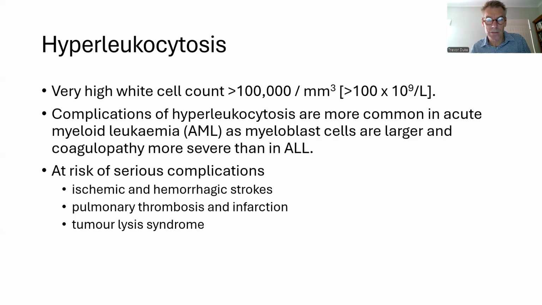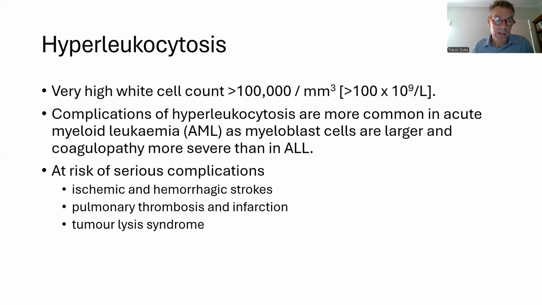In AML, the myeloblasts, the cancer cells, are larger, and the coagulopathy is more severe. So those children are more at risk of the clinical syndrome of hyperleukocytosis at lower levels, such as 100,000. Whereas children with ALL typically become at risk when their white cell count is 200 or 300,000 per millimeter cubed.